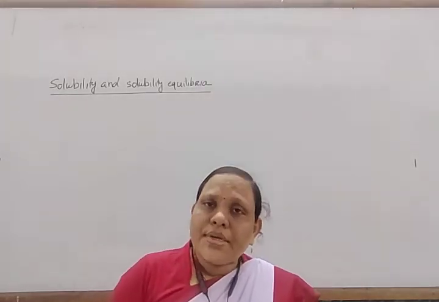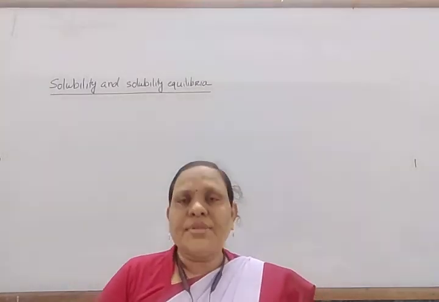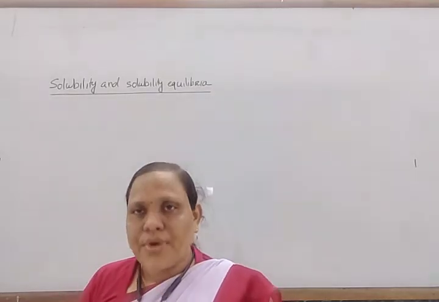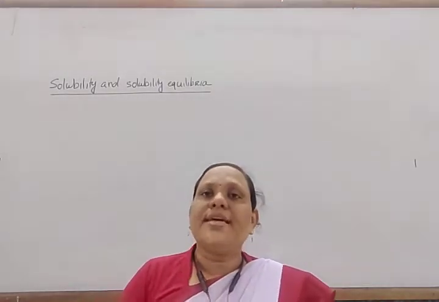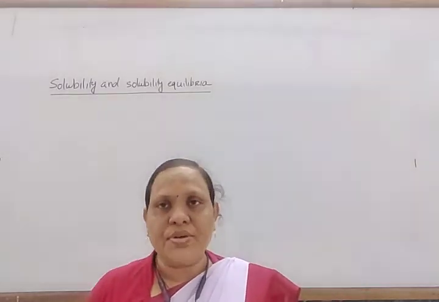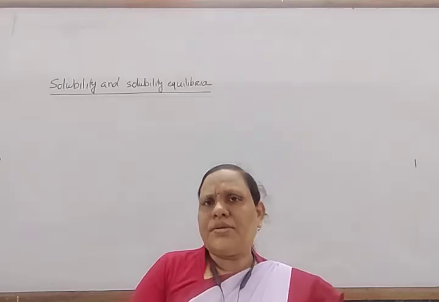So what is the solubility of any component? The amount of solute that can dissolve in 100 grams of water to make a saturated solution at a particular temperature is known as solubility. So what is a saturated solution?